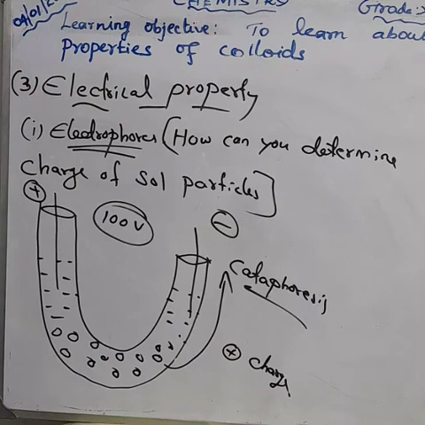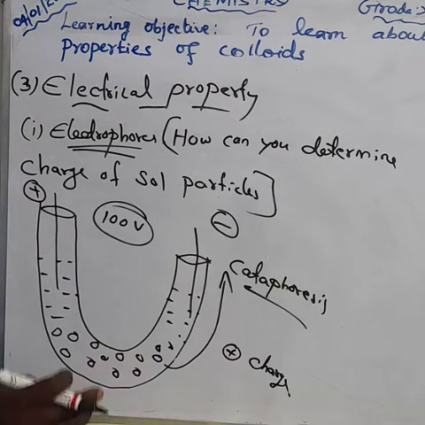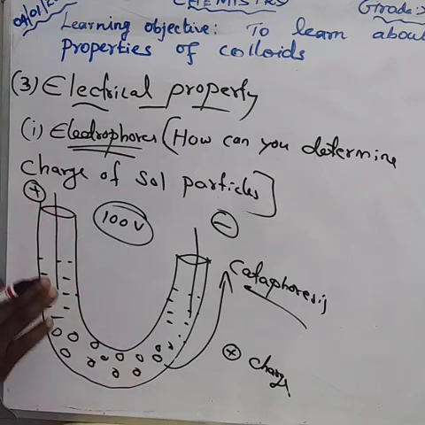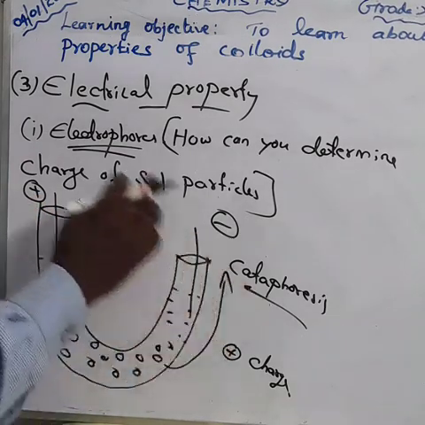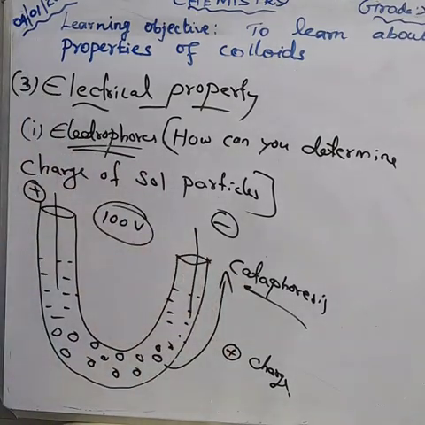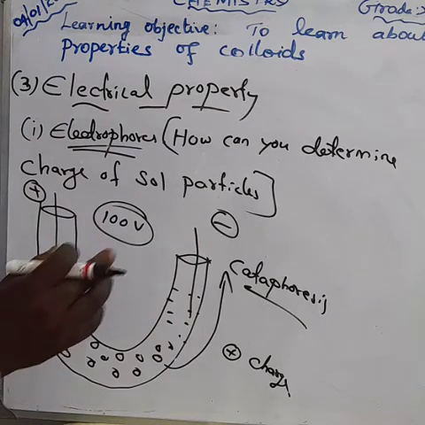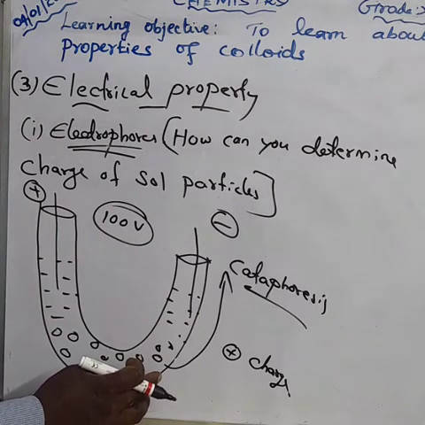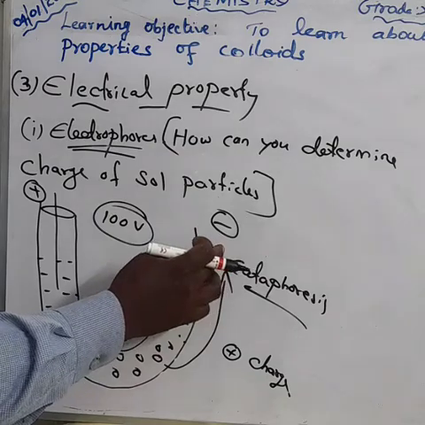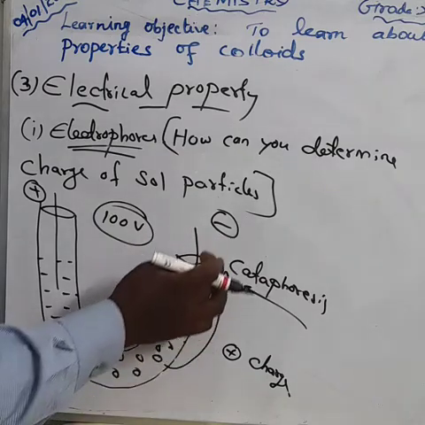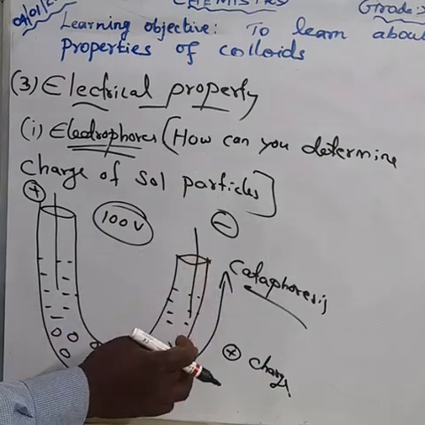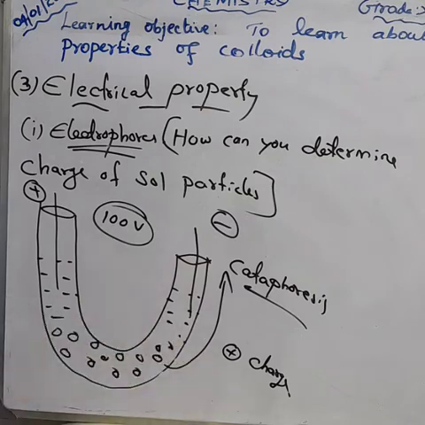Suppose we are trying to understand this. The migration of solid particles under the influence of an electric potential is called cataphoresis, otherwise called electrophoresis. Here, if the solid particles migrate to the cathode, then they possess positive charge.